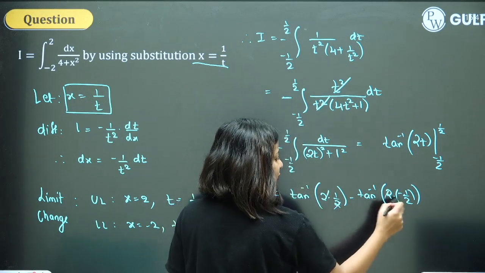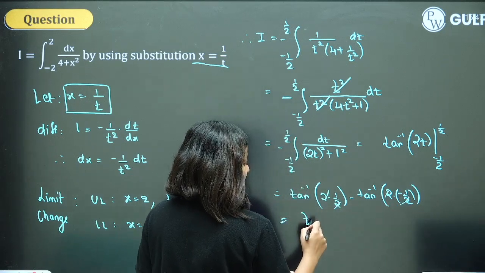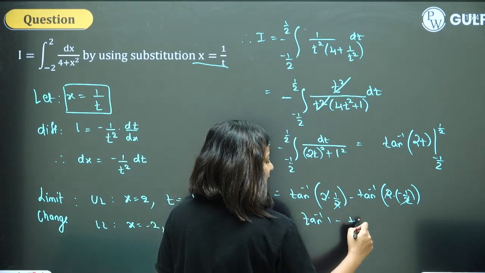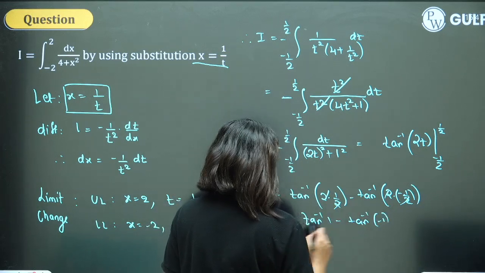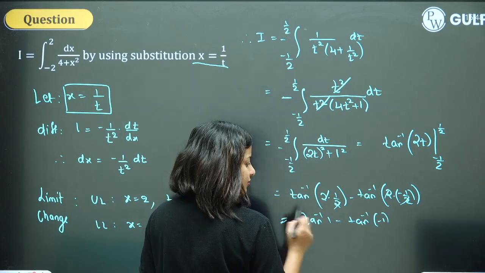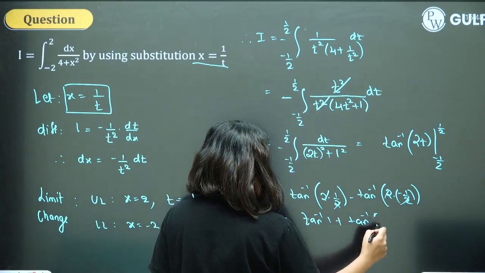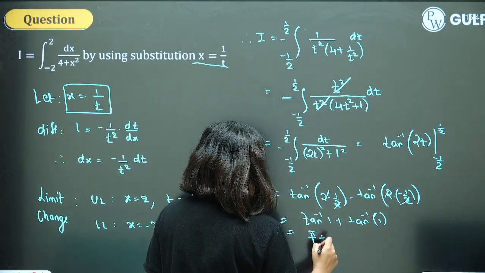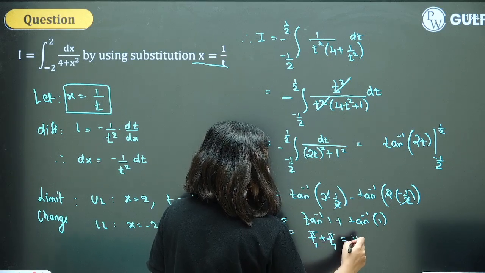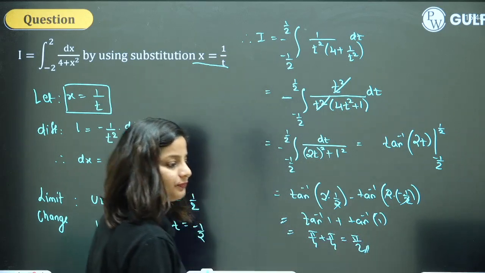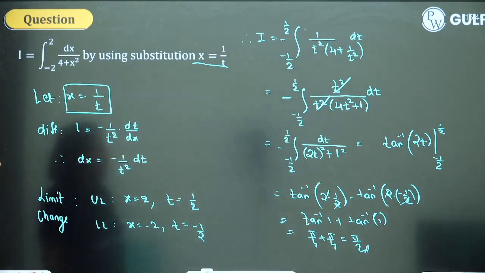Two cancel, two cancel. Tan inverse of 1, when is the value of tan 1? And tan inverse of minus 1, this minus can come out, right bacho? Shall I skip that step? Minus comes out. You have pi by 4 plus pi by 4. That's equal to pi by 2.